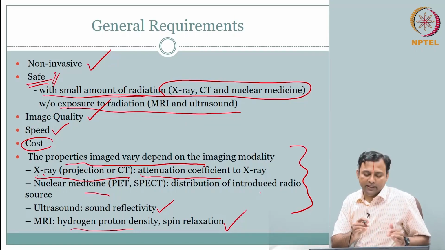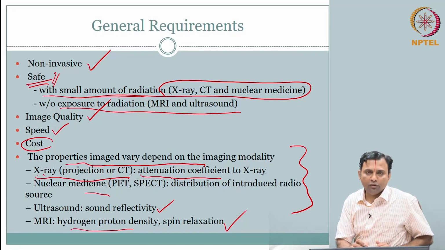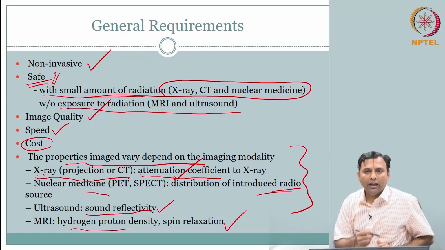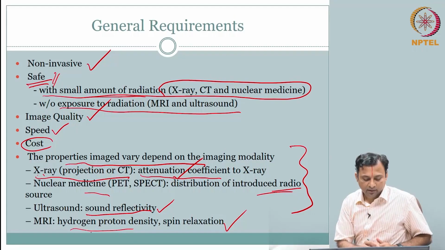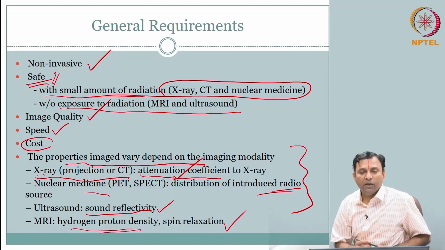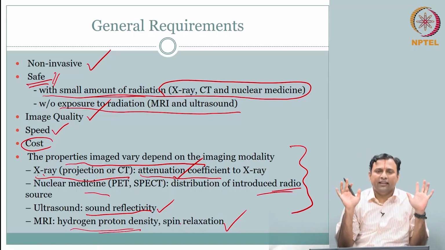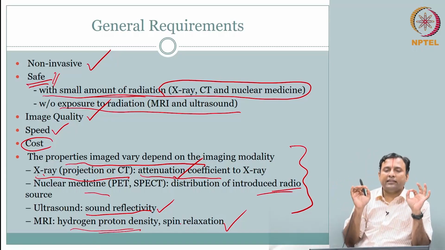Just looking at it, you can see one is capturing the coefficient of attenuation, another is talking about some radioactivity, another modality is talking about reflection, and here it's talking about some spin properties and density. So each one is capturing different aspects. That's all you need to recognize at this time.